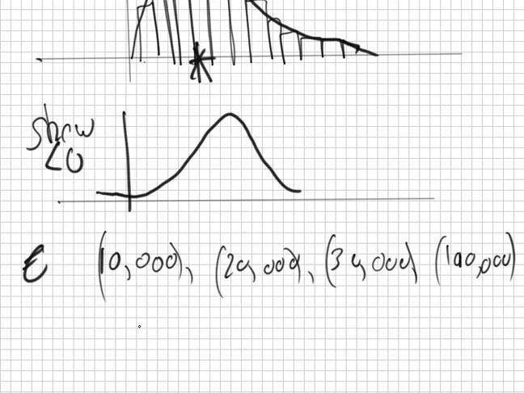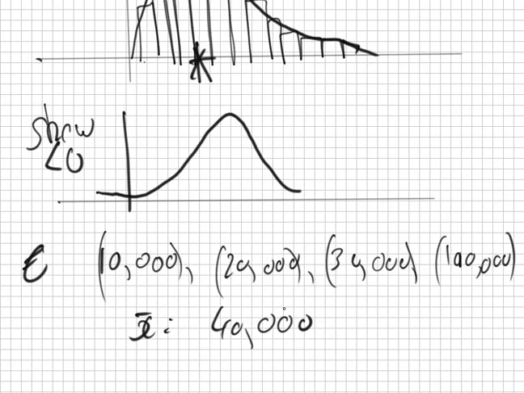How many people here earn less than 40,000? 3. And how many earn more than 40,000? 1. So there are more people under the average than above it. Would this have a positive or negative skew? Negative skew. The data is leaning to the left more than to the right.